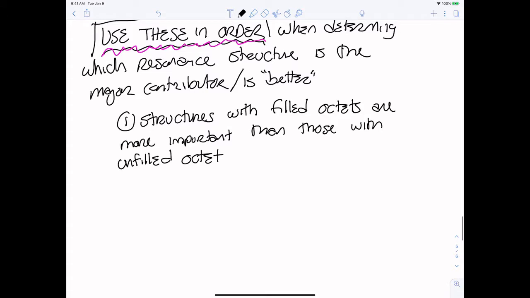So structures with filled octets are more important than those with unfilled octets. And we can use this one as an example. Put a lone pair on here, which gives it a formal positive charge.